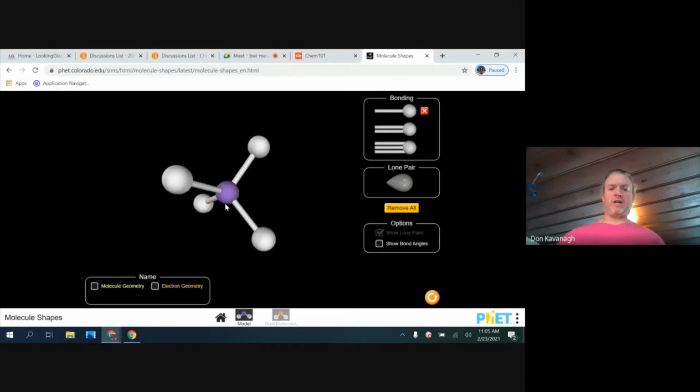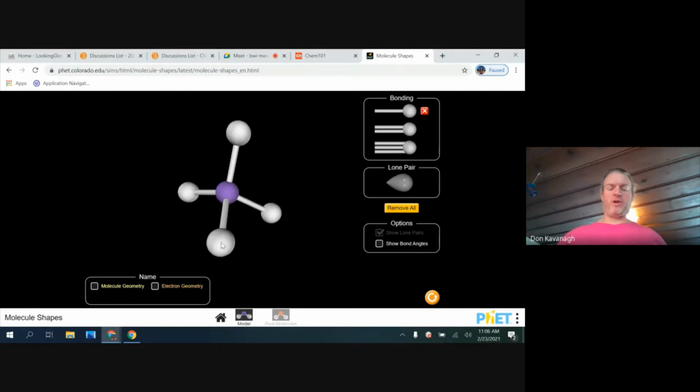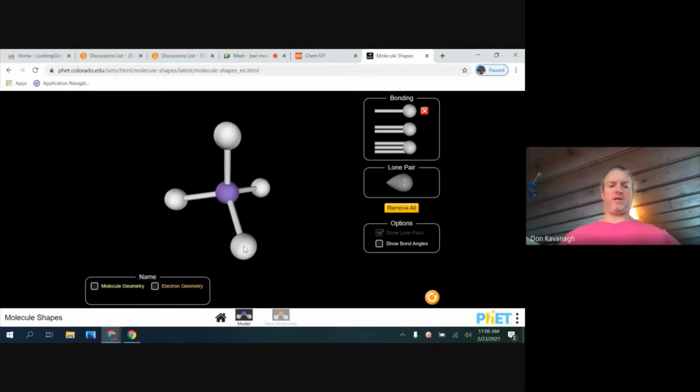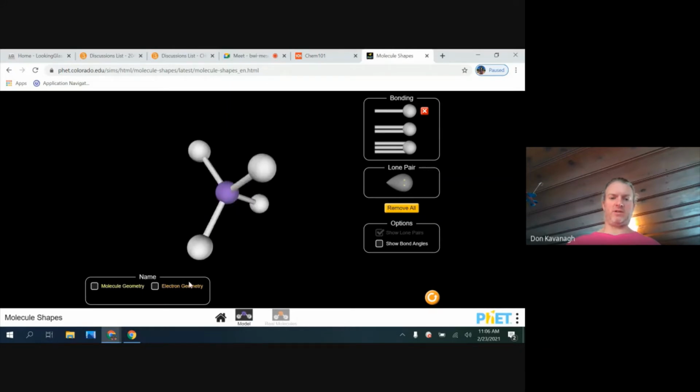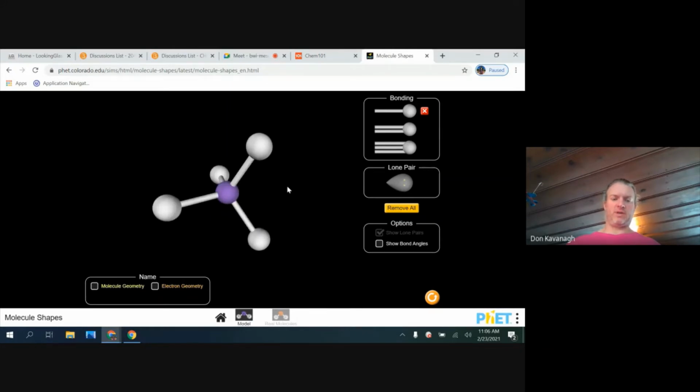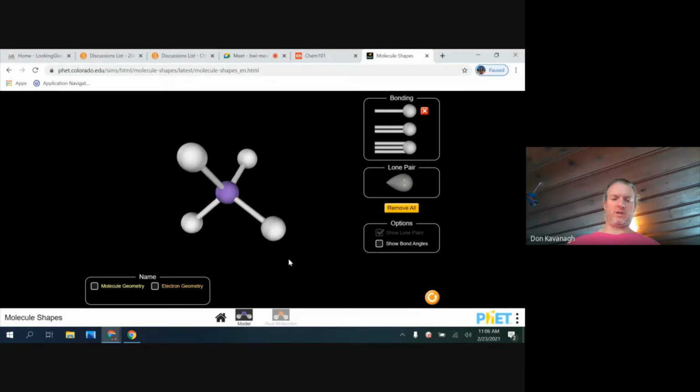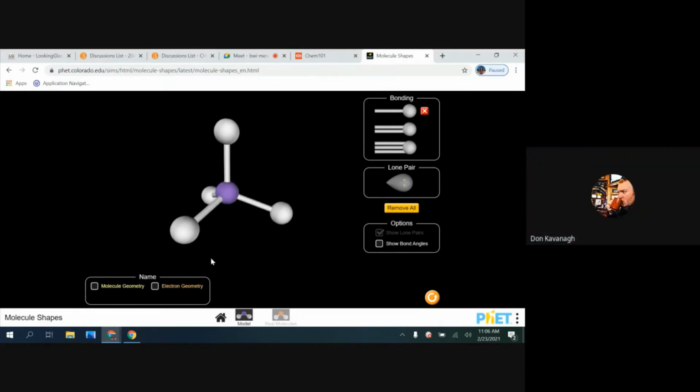What I want you to try to get out of this is the three-dimensional look of it. When we draw our Lewis dot structures, we don't get a three-dimensional structure. We have to imagine it. We can see what's in behind, what's in the front. I'm trying to line the molecule up right here. There we go.